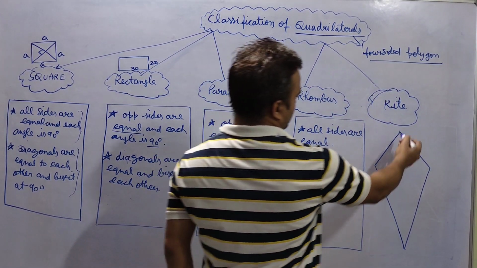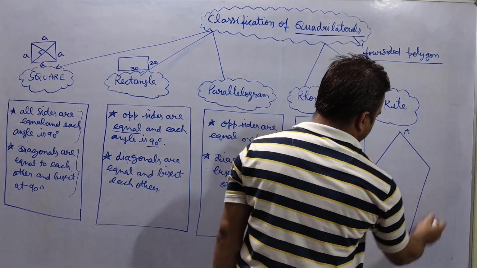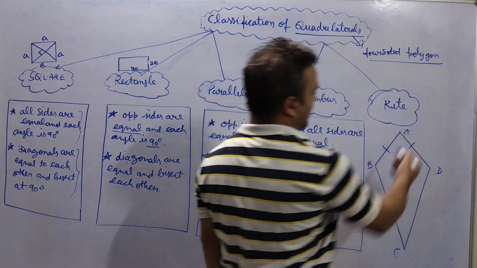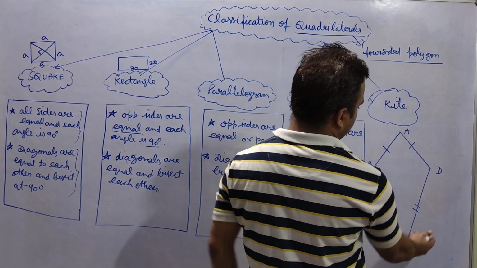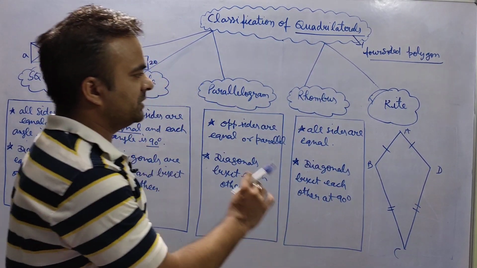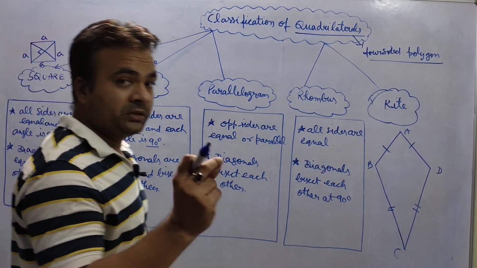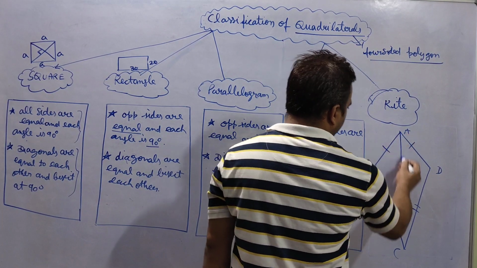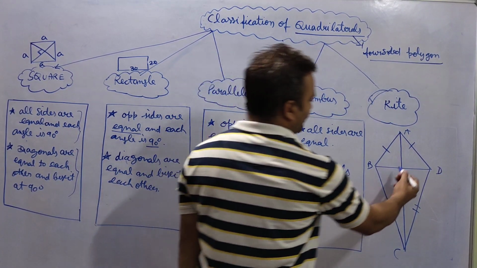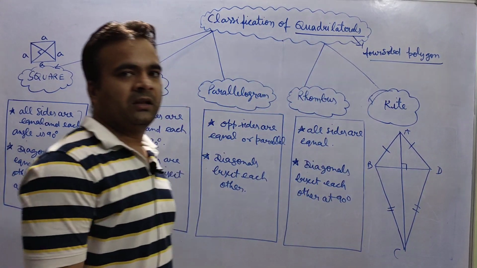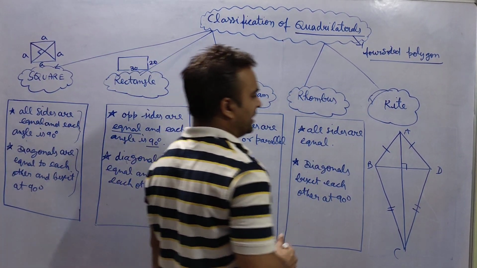I think by the figure you can understand that the adjacent sides are equal. If two adjacent sides are equal, then we say that it is a kite. Or there is one more condition: there are two diagonals, and both diagonals are meeting at 90 degrees.